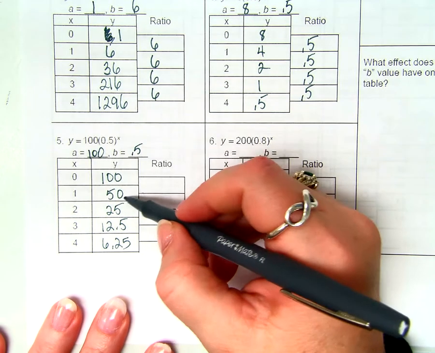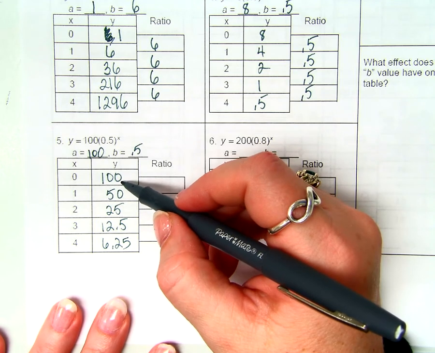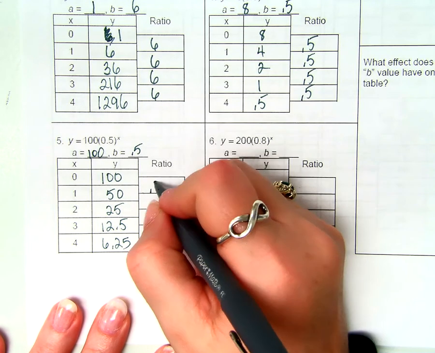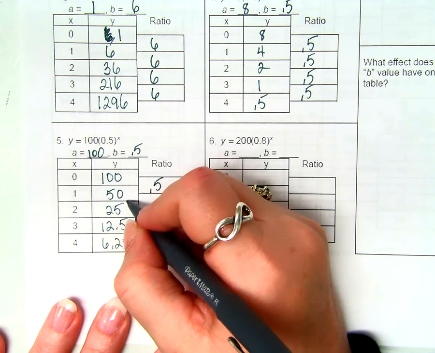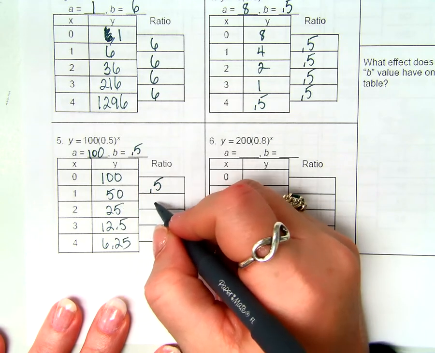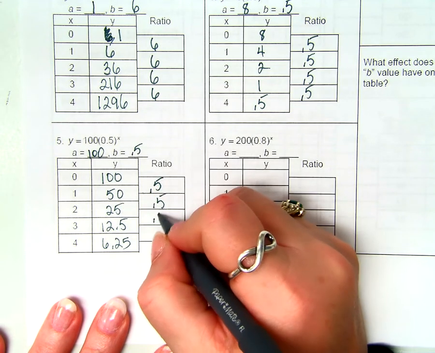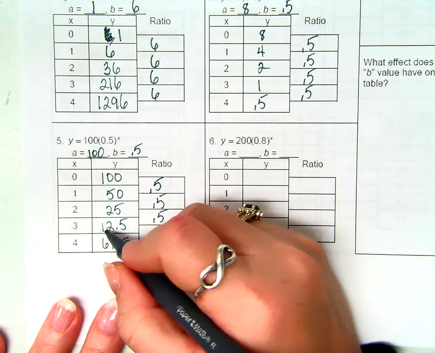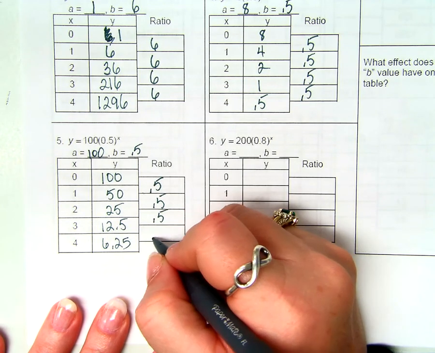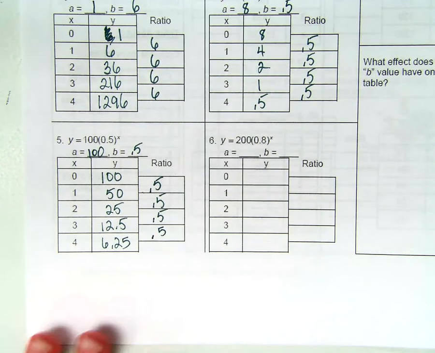What's 50 divided by 100? 0.5. What is 25 divided by 50? 0.5. What's 12.5 divided by 25? 0.5. 6.25 divided by 12.5? 0.5.